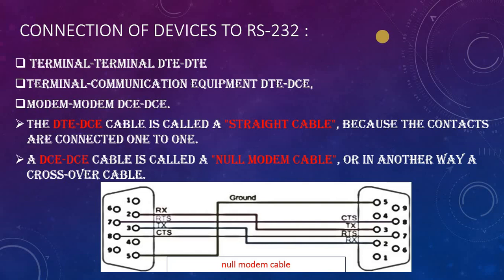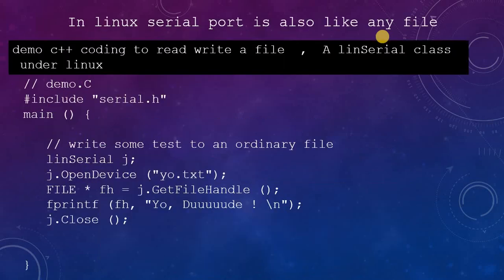And this is how you get started with C++ programming for interfacing. You open a Linux terminal and create a file called demo.c, in which you simply write like this. You include serial.h, and you use a class called LinSerial, which comes specifically for serial interfacing.